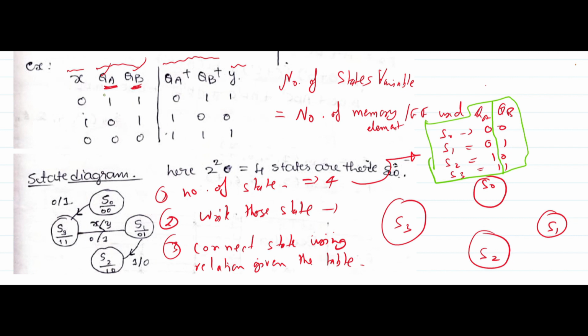Now if you see from this table, I am in state 1 1. 1 1, qa qb 1 1, means it is state s3. So I am in state s3. Now in state s3, if I give input x equals 0, it will go to state 0 1. What is state 0 1? State 0 1 is this s1.